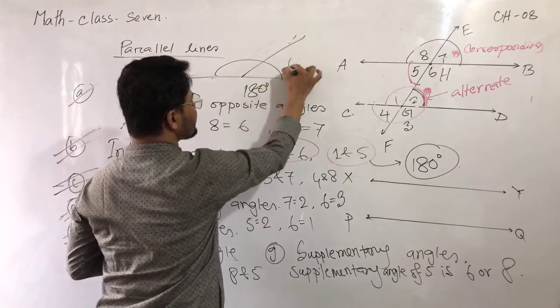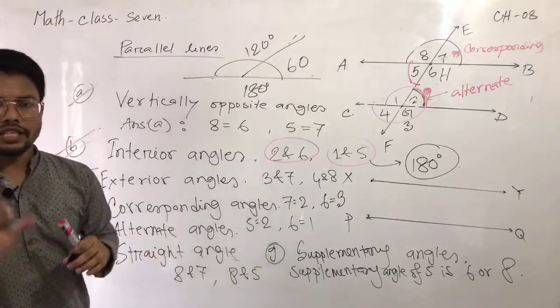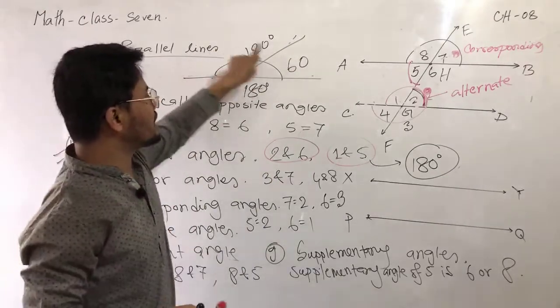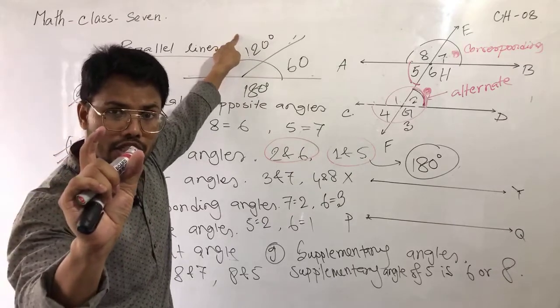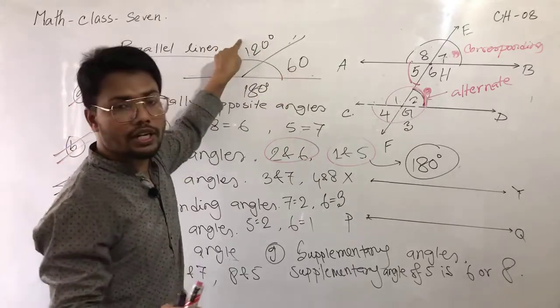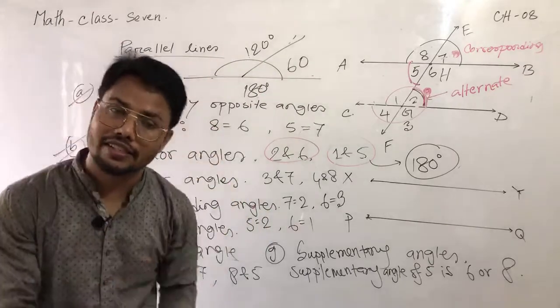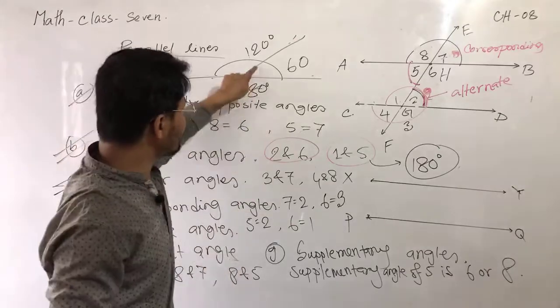If this angle is 60 degrees, this one will be 120 degrees, because in a straight line they are supplementary to each other. The supplementary of 120 is 60. The supplementary of 60 is 120. Because they are adjacent angles, they have a common vertex and a common ray.